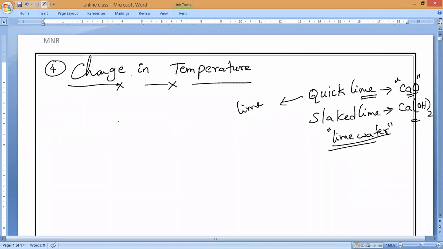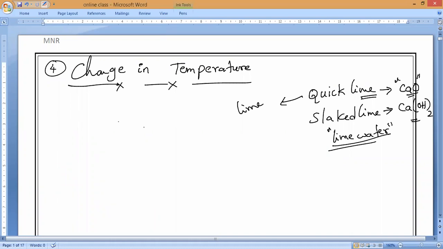Now, coming to our fourth characteristic of a chemical reaction, change in temperature. Tell me, does change in temperature mean increasing temperature, decreasing temperature, or both? Please respond.